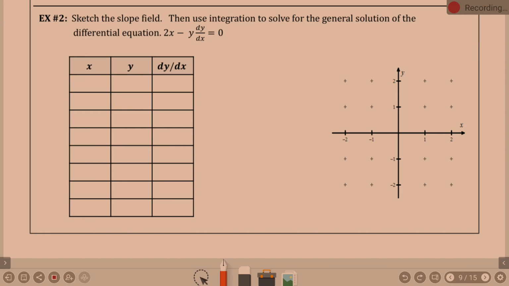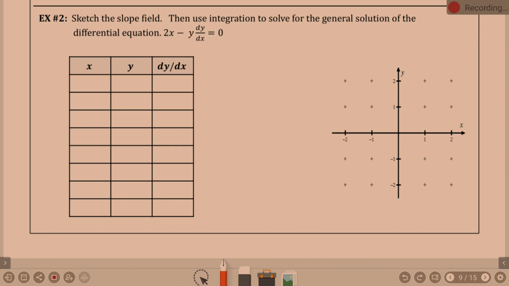Now, one thing I would recommend before we get started. 2x minus y dy/dx. To plug in x and y to that form to find dy/dx is going to be a little rough. I'd recommend, can we solve this for dy/dx? That way you're plugging in x and y and you will know what dy/dx is.